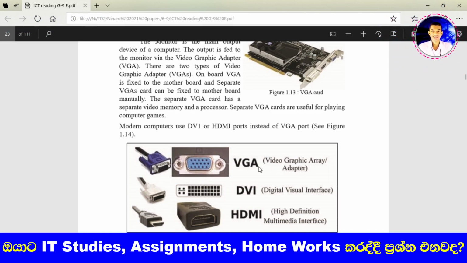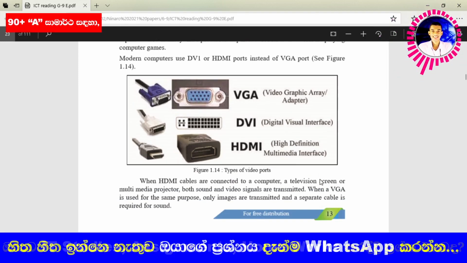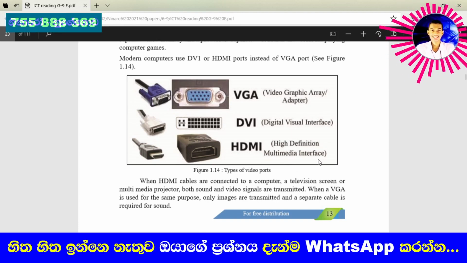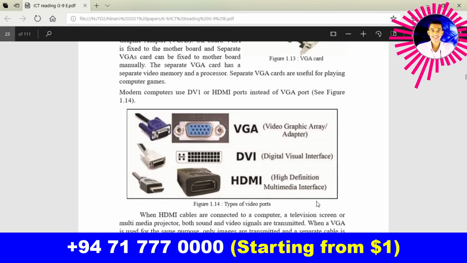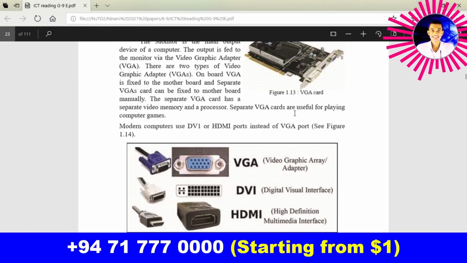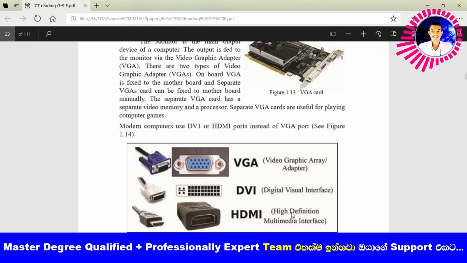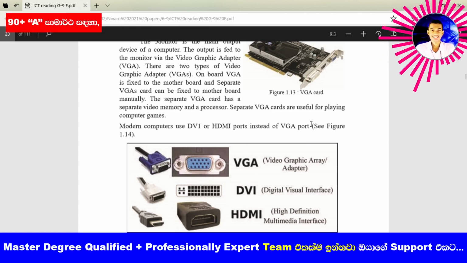Now it has been replaced with DVI, digital visual interface, and also HDMI, high definition multimedia interface. Nowadays a lot of HD monitors come with an HDMI interface. Therefore, we can use a video card with an HDMI interface, and through it we can get higher quality images than with the classical VGA cards.